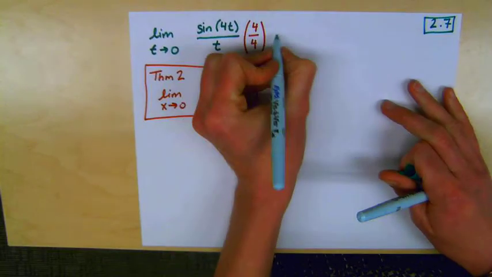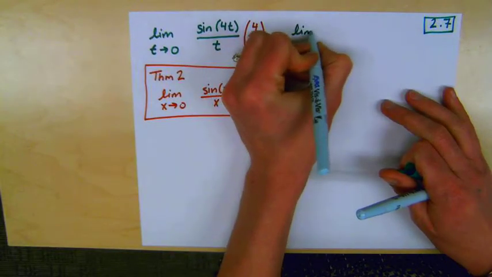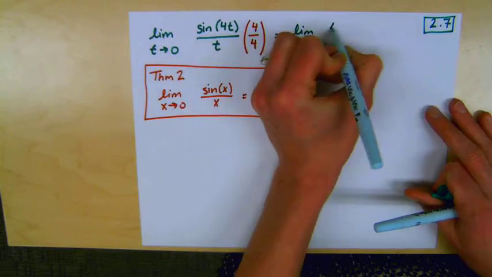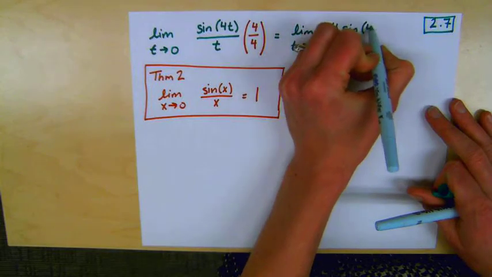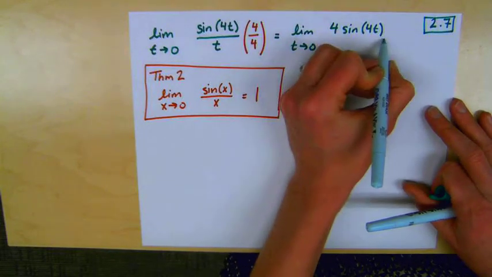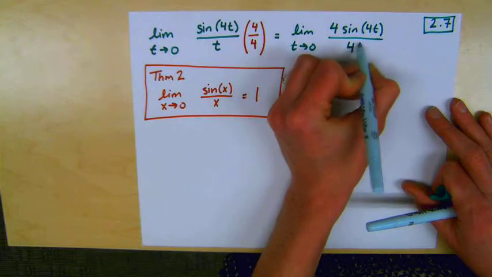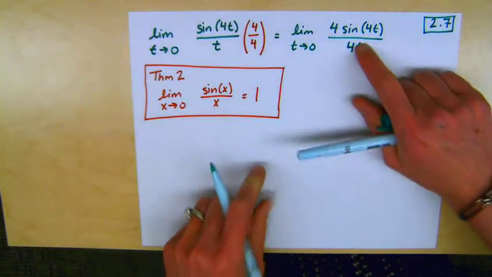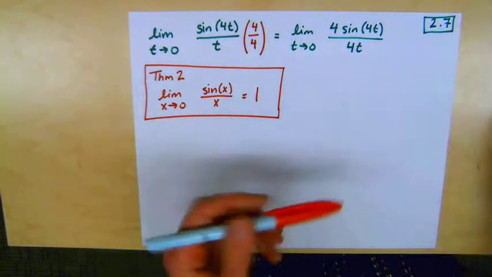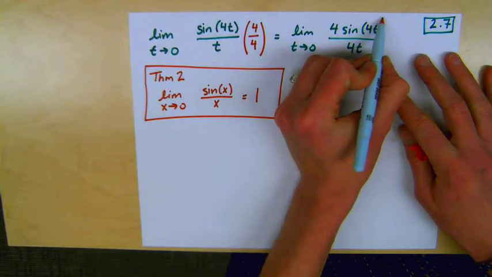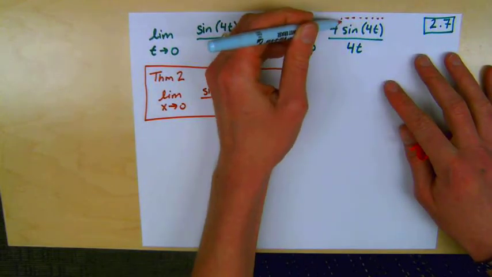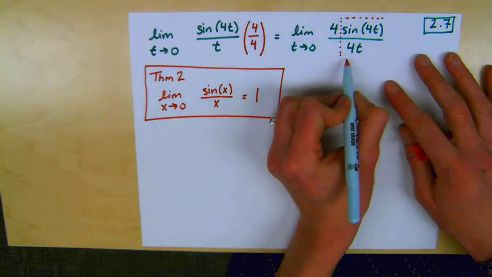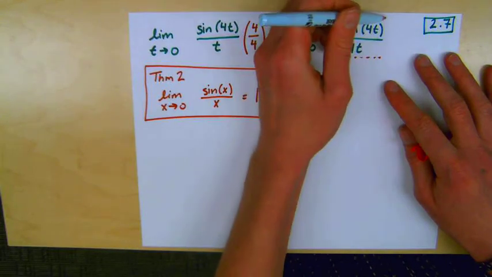That means that I can rewrite this as the limit as t approaches 0 of 4 sine of 4t divided by 4t. The reason why I'm doing that is because now it's more clear that I can apply this theorem to this section of the product.